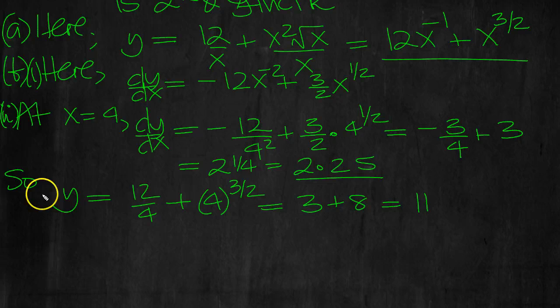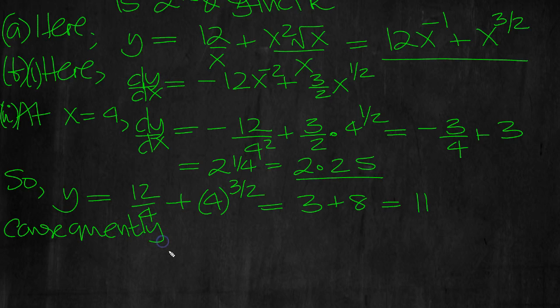So now we've got the coordinate and the gradient of the tangent, we can get the equation of the normal. Consequently, our equation of the normal is then y minus the y coordinate, which is 11, is equal to the gradient of the normal, where the gradient of the tangent is 2.25, or 9 over 4, so it would be minus 4/9, wouldn't it?